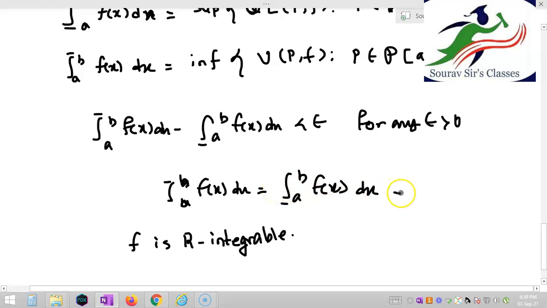The value of this integration, integral from a to b of f(x) dx, is equal to the value of the upper integral as well as the lower integral. Okay, so this is the formal definition of Riemann integration.